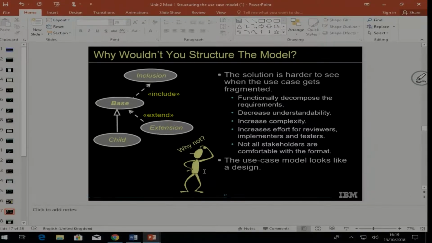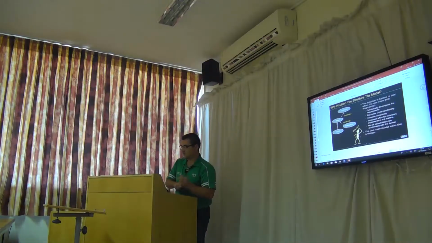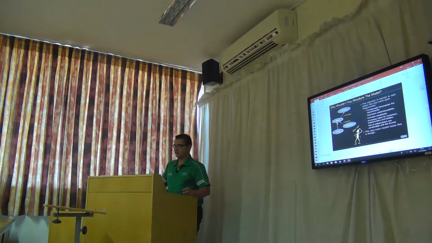So when the functionality becomes very decomposed, it decreases the understandability of the actual diagram in the system. It also increases the complexity of the system and the effort for your reviewers and people to read through the documentation, because now they're reading through one use case, then they're jumping to another. So it makes it a bit more complex to read through and look at.